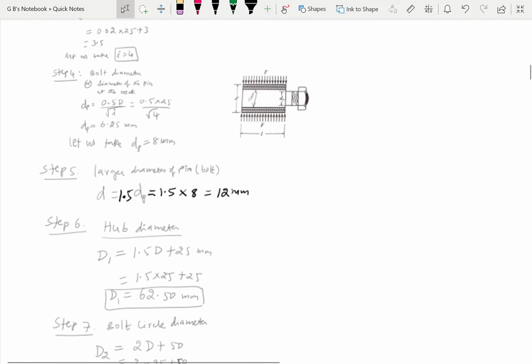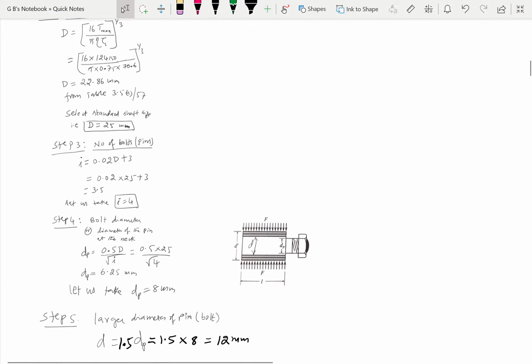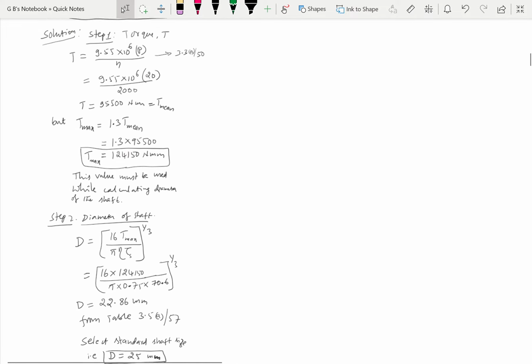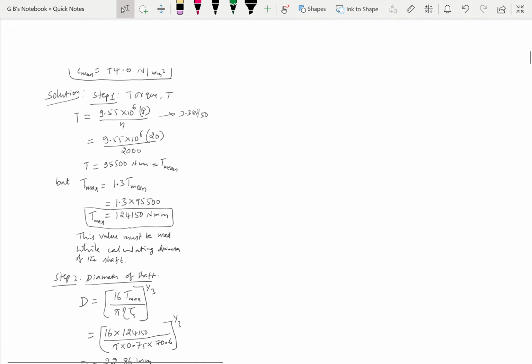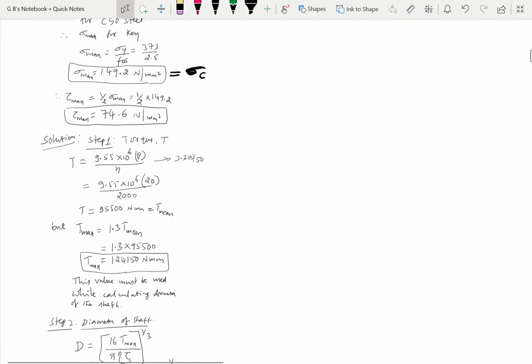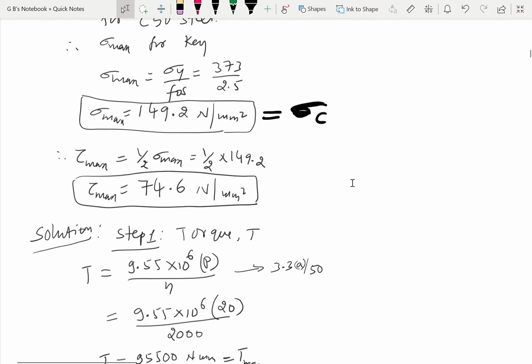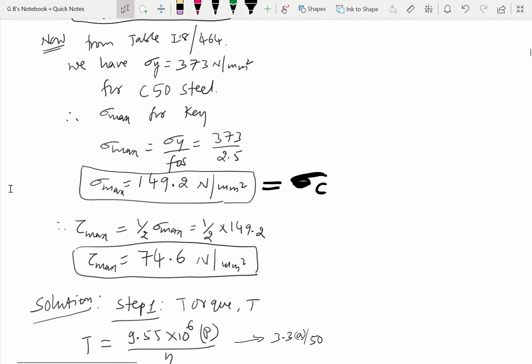That means by selecting the material and assuming the factor of safety, you got maximum normal stress, and half of the maximum normal stress is considered as the maximum shear stress, the 74.6 for the key.